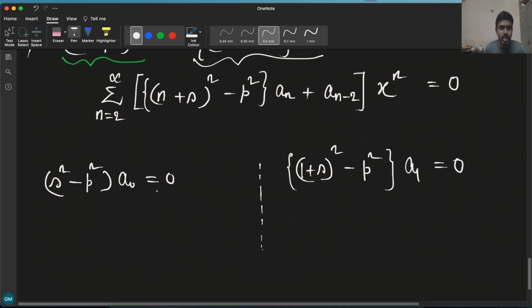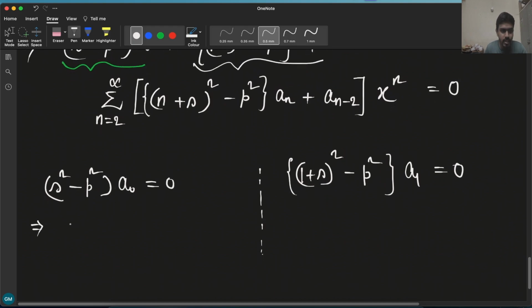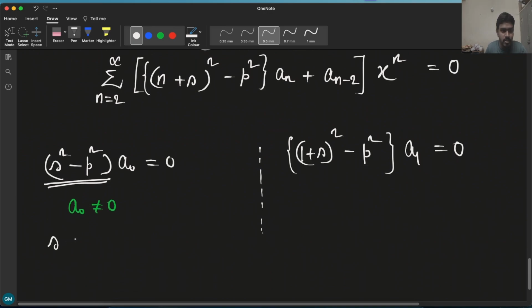Now from this expression I can find that if I assume that a0 not is equals to 0, in that case this s square minus p square must be equals to 0, and s will take value of plus minus p, or s square will be p square. That means s will take a value of plus minus p.